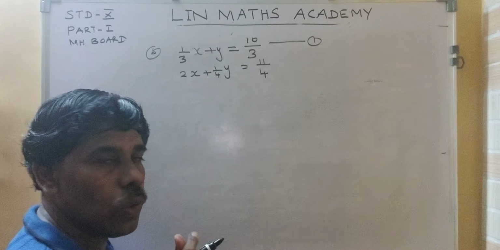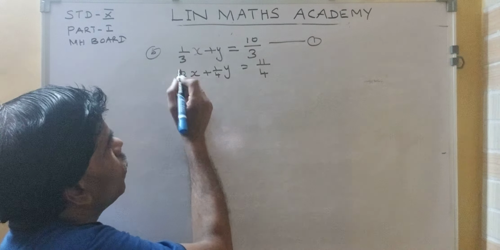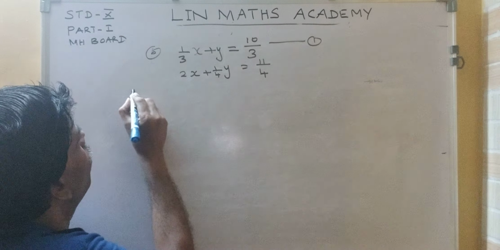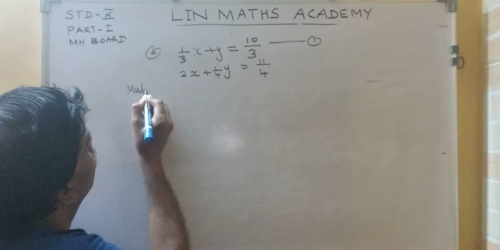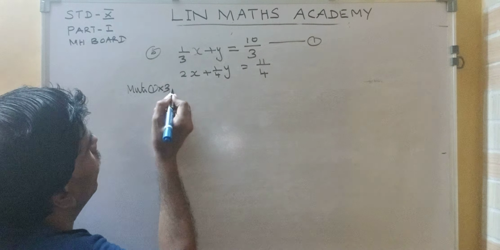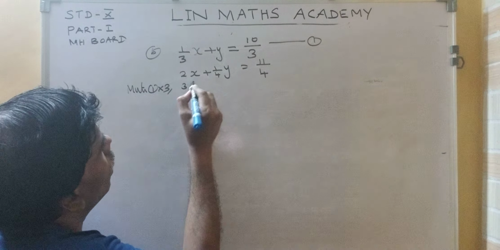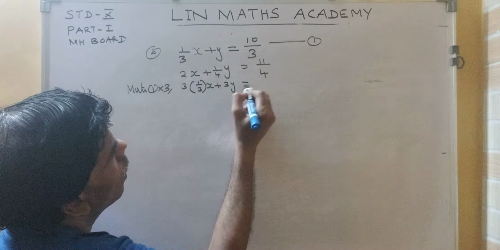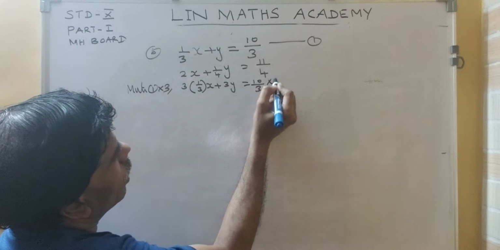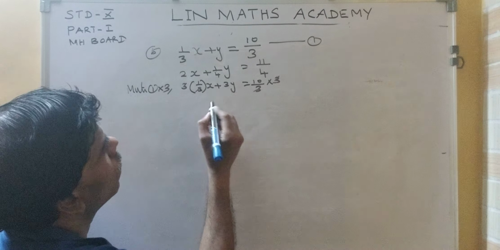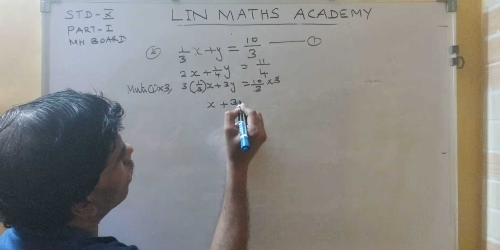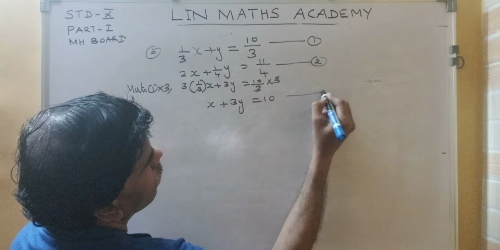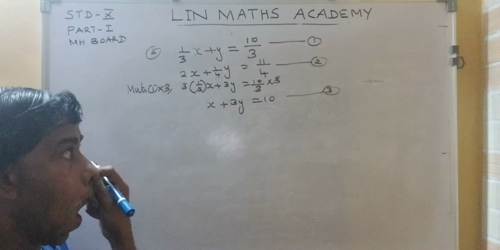So, now what we will see by inspection method, you see this equation I am multiplying by 3. Multiply equation 1 by 3. So, 3 into 1 by 3x plus 3 into y equal to 10 by 3 into 3. So, you are getting x plus 3y equal to 10. This is equation number 3.